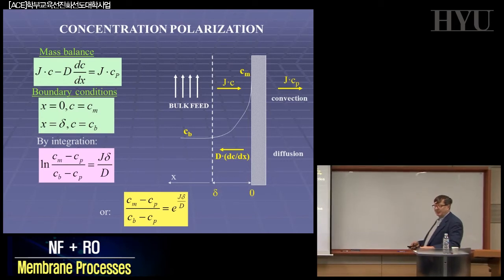But within a few tenths of a second from the moment you start to operate, the concentration here is CM, no more CB. And that is the concentration profile. So if you don't keep control of the concentration profile, the system does not work. And if you make all the analysis, you will realize that in a few seconds, depending on the pressure you apply, the concentration that will go across the membranes will change.